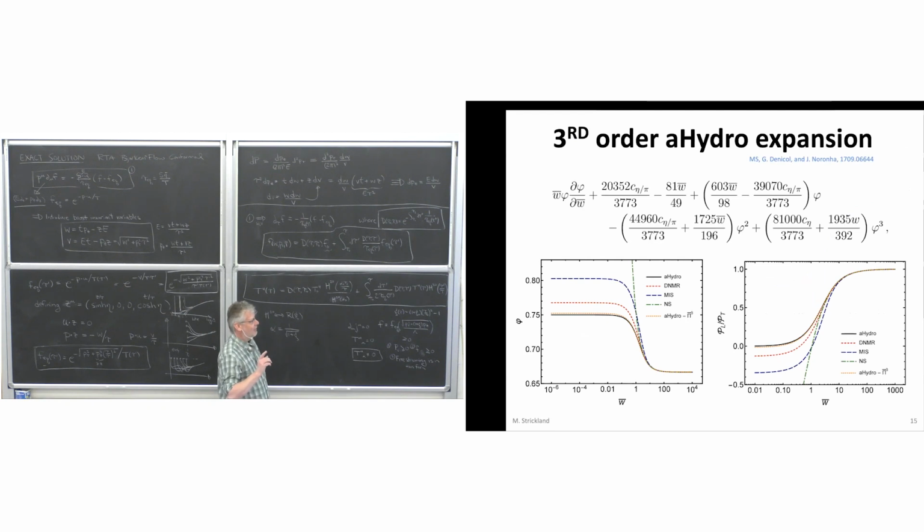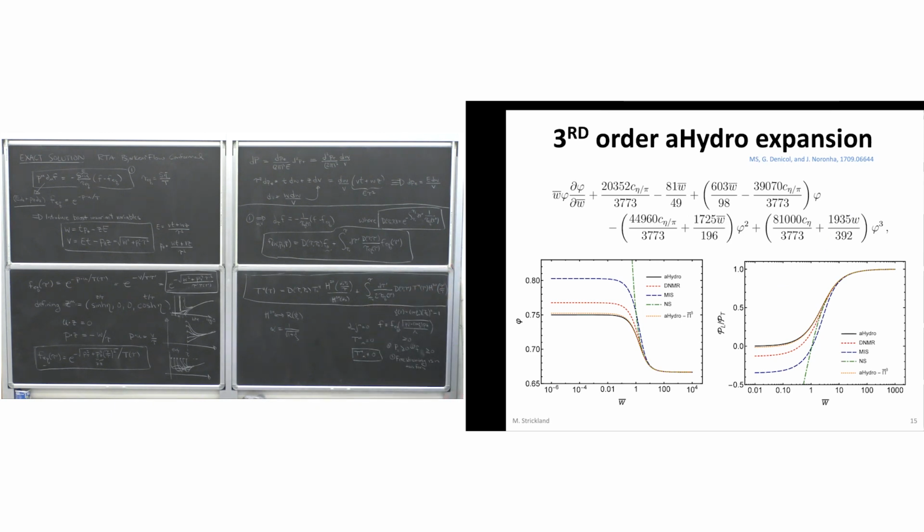Gabrielle asked, what happens if you take that A hydro thing and you don't solve it exactly, but you just extend it to third order? In this case, I extended it to order phi cubed. And then you can analytically calculate this equation. You get a new attractor equation, and you can put it on this same plot.